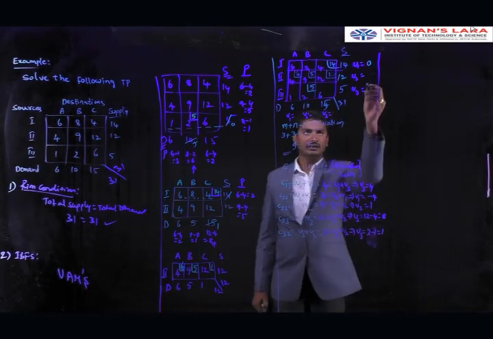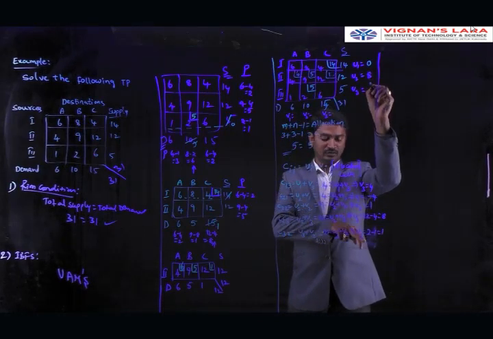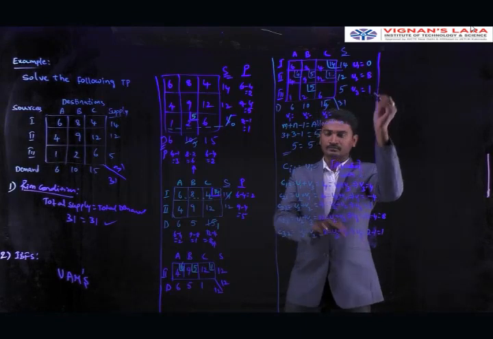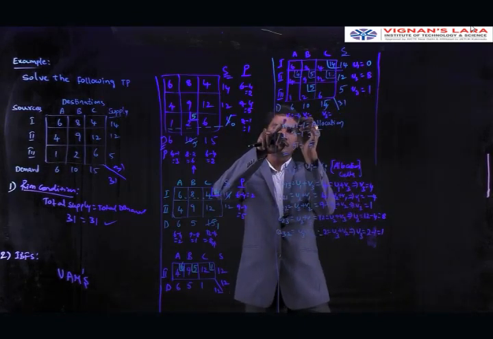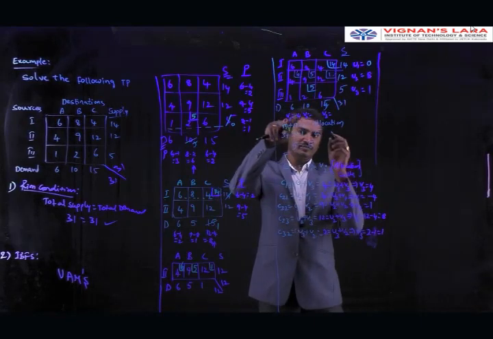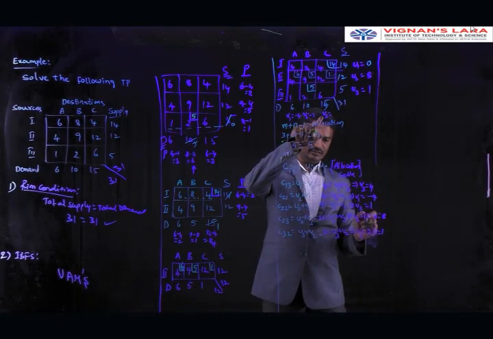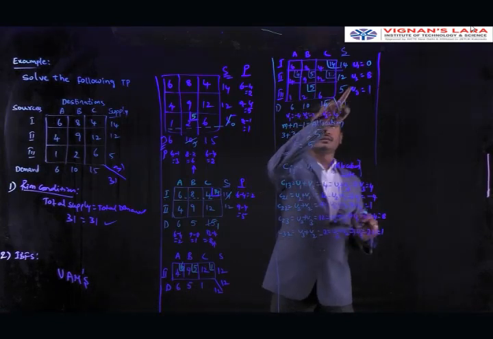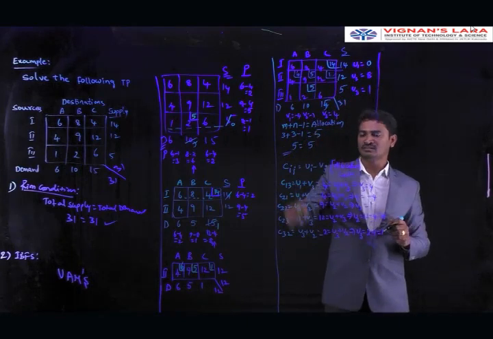Okay. Here we get the values. What is the U2 value? U2 is 8. U3 is 1. Next V1 is minus 4. V2 is 1. V3 is 4. We obtained U1, U2, U3, V1, V2, V3 values from these linear equations.